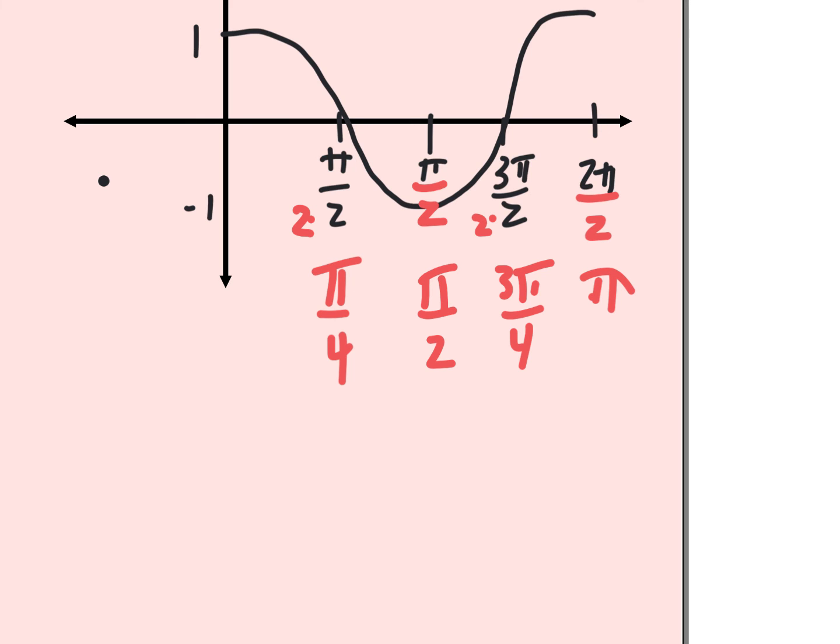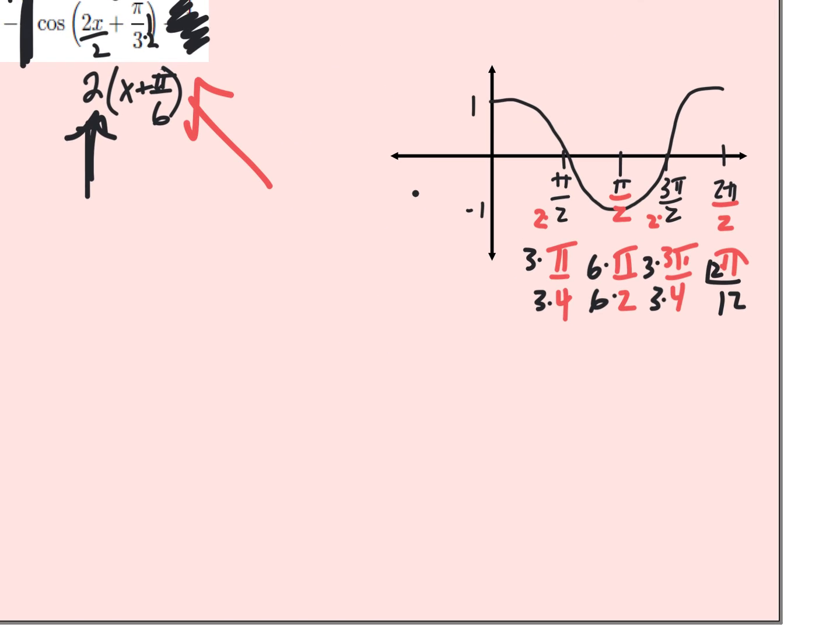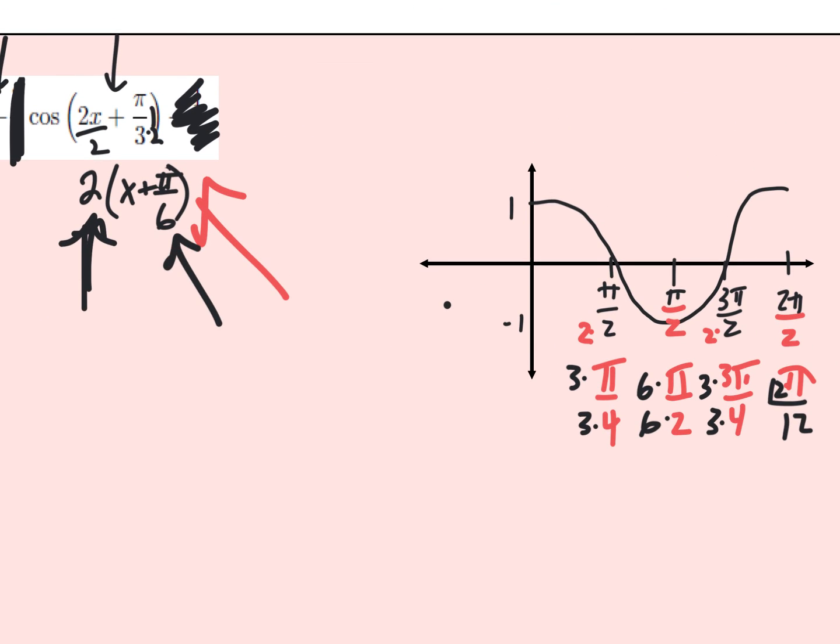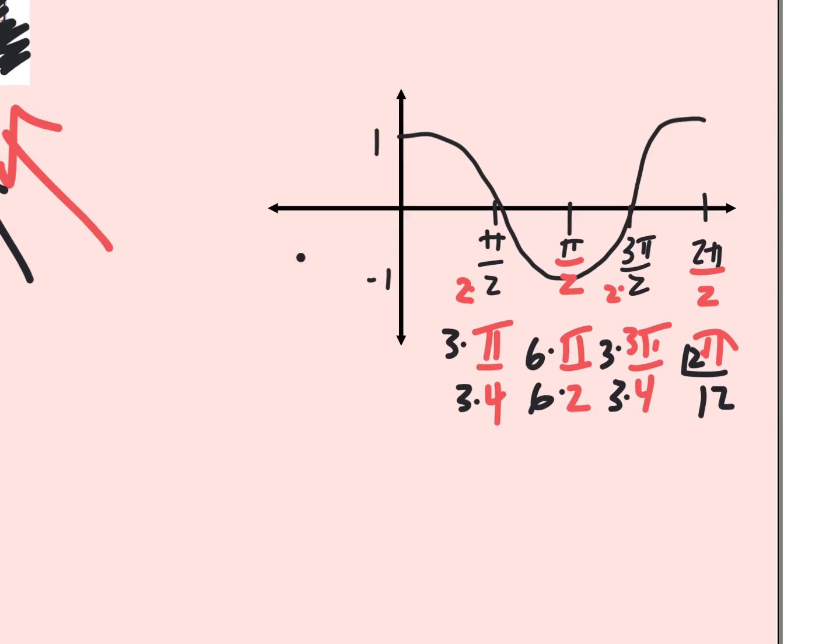What if I made this into 12ths? Can you do this? Yep. If I wanted to move it 1 pi over 6, would you agree that's like 2 pi over 12s?